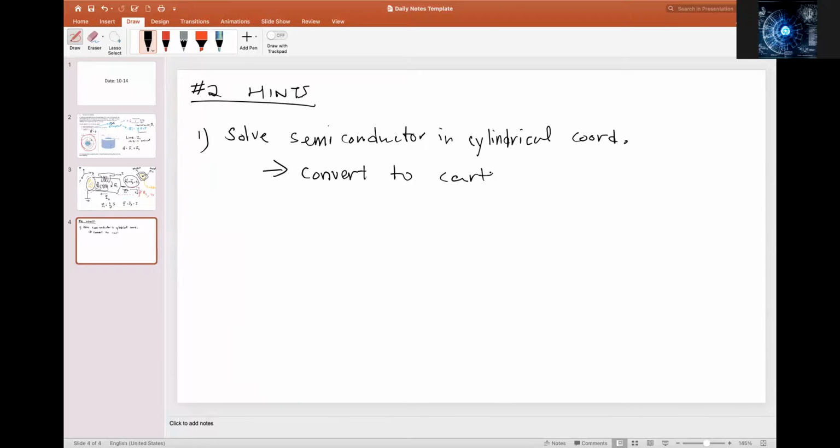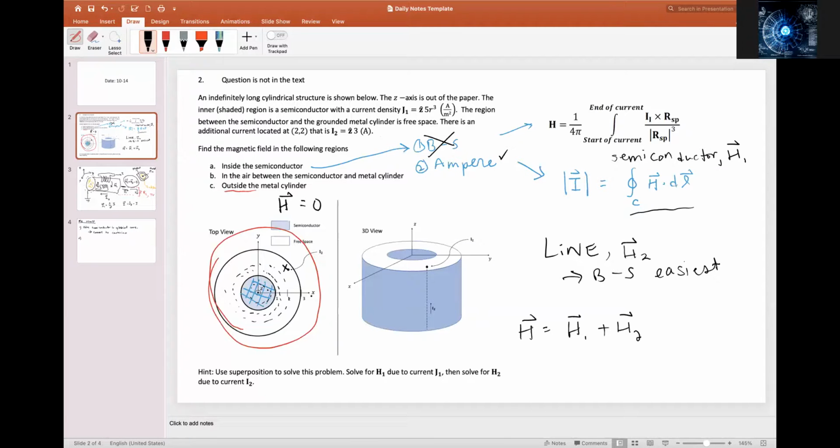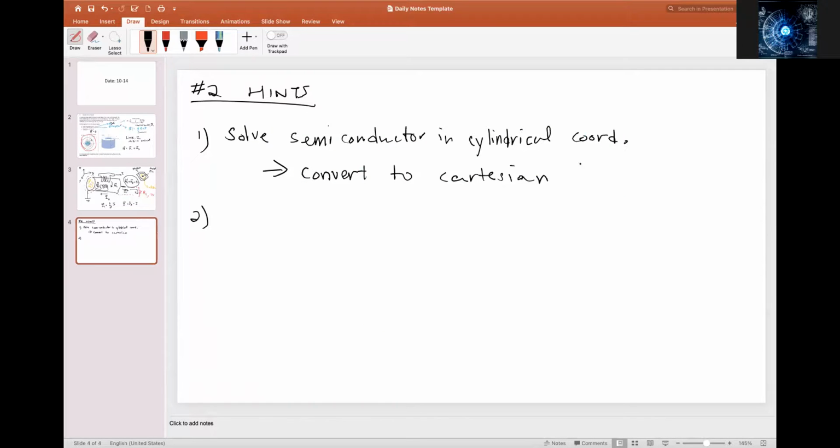As you are all joining me, I'm just writing out a few hints that I think will help you all solve this. For the inner semiconductor, I think the easiest way is to solve it using cylindrical coordinates and then converting to Cartesian coordinates.